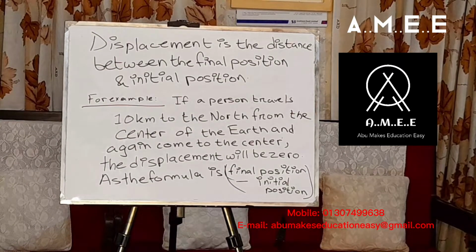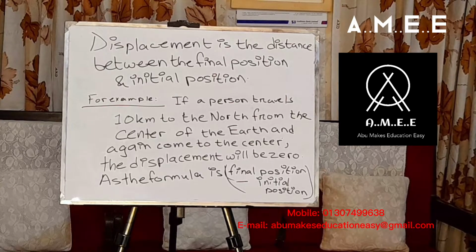Now let's look at an example. For example, if a person travels 10 km to the north from the center of the earth. Just think of yourself as a person. The point you are standing at, suppose this is the center of the earth, and you walk 10 steps forward.